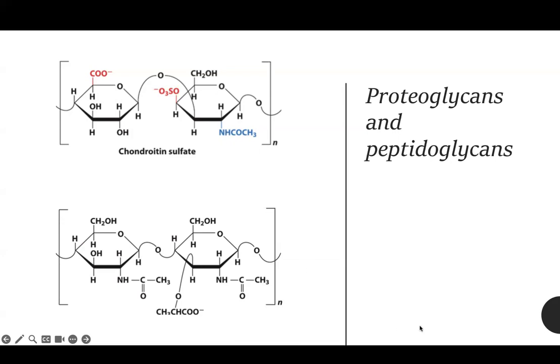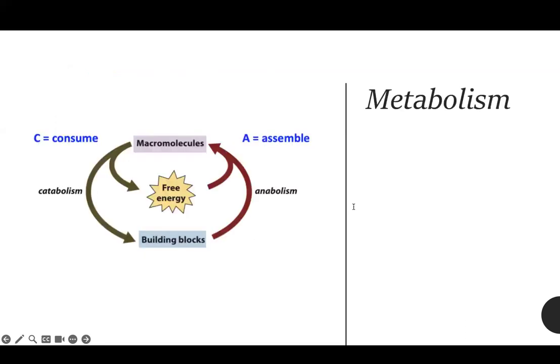All right, and then the last unit that was covered for this exam was metabolism and different cellular pathways. So metabolism is just a term that pretty much condenses all degradative and biosynthetic cellular reactions. So we have anabolism, in which, if you think about A stands for assemble, we go from smaller building blocks and we make larger macromolecules.